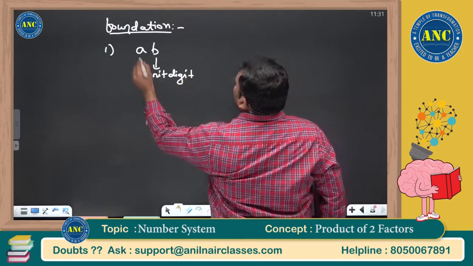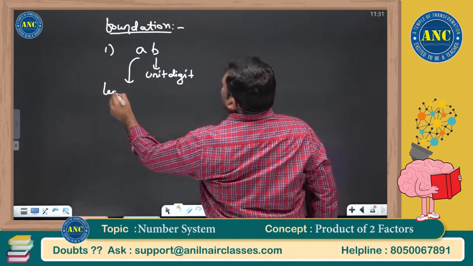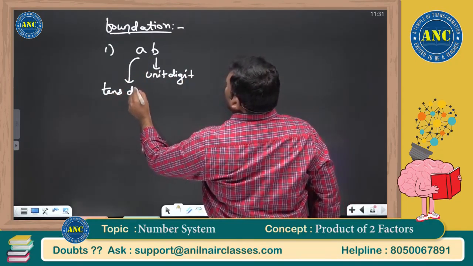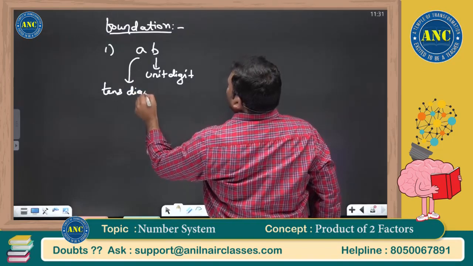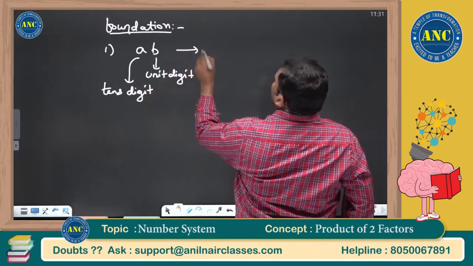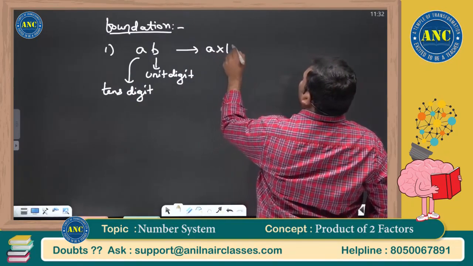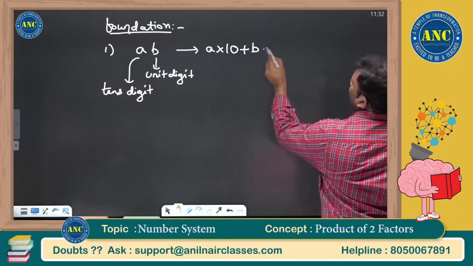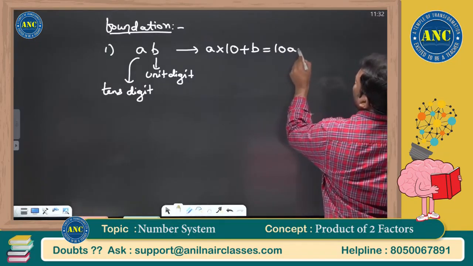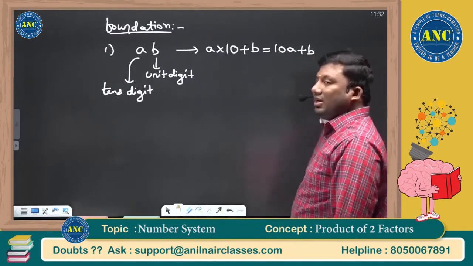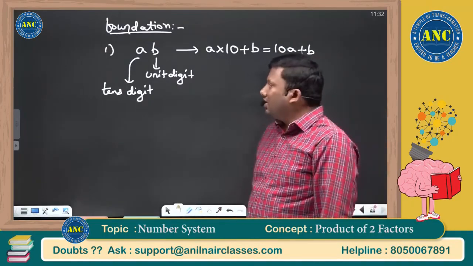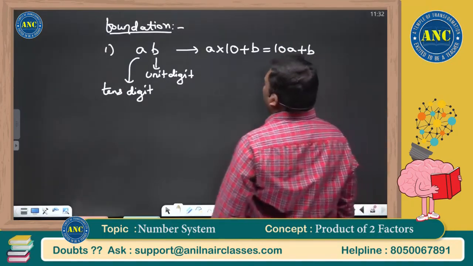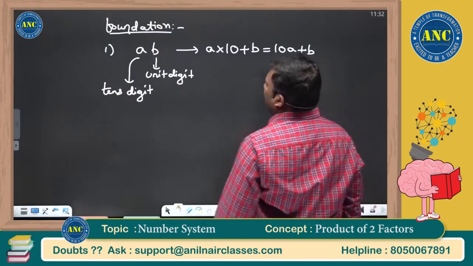A is there in the tens place, so A is called the tens digit. So the value is A into 10 plus B, which is nothing but 10A plus B. Because A is there in the tens place, the answer is nothing but 10A plus B.